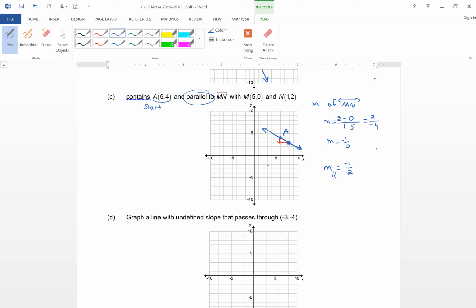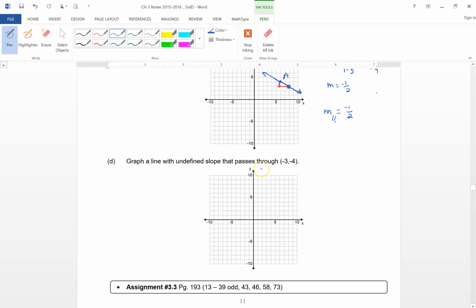The last one is, I think, my favorite. So we have a line, we need a line with undefined slope. What does that mean? What type of line is it? It's a vertical line that passes through this point. So that's what I put first.